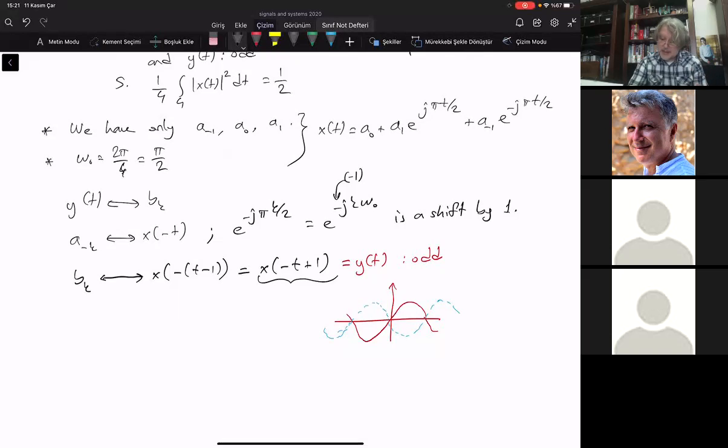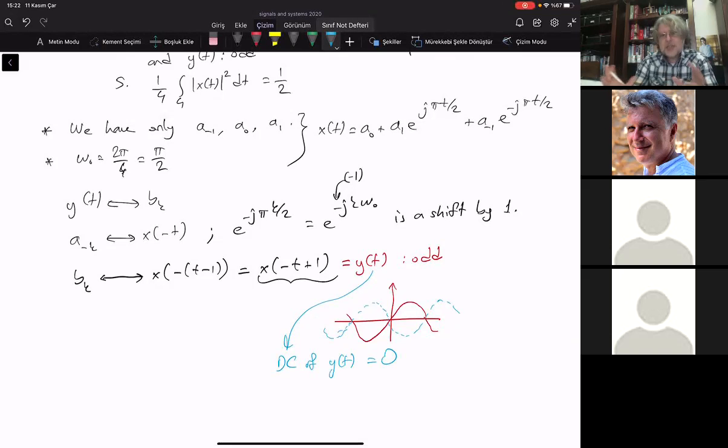It means it's a sine function, and it cannot be sine of something plus a value, or minus a value. The zero level, the DC level of a sine wave, in order for it to be an odd function, must be 0. So the DC of y of t is 0, because for odd functions, the DC value is 0.